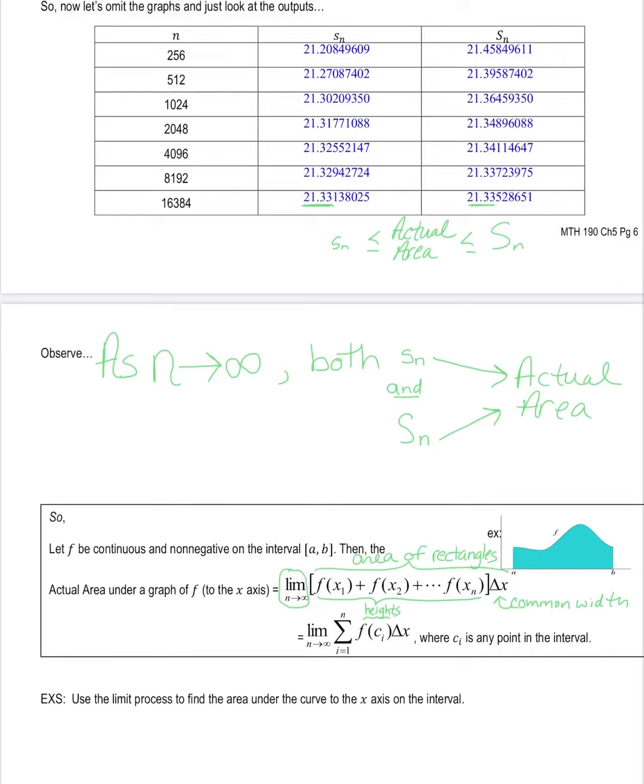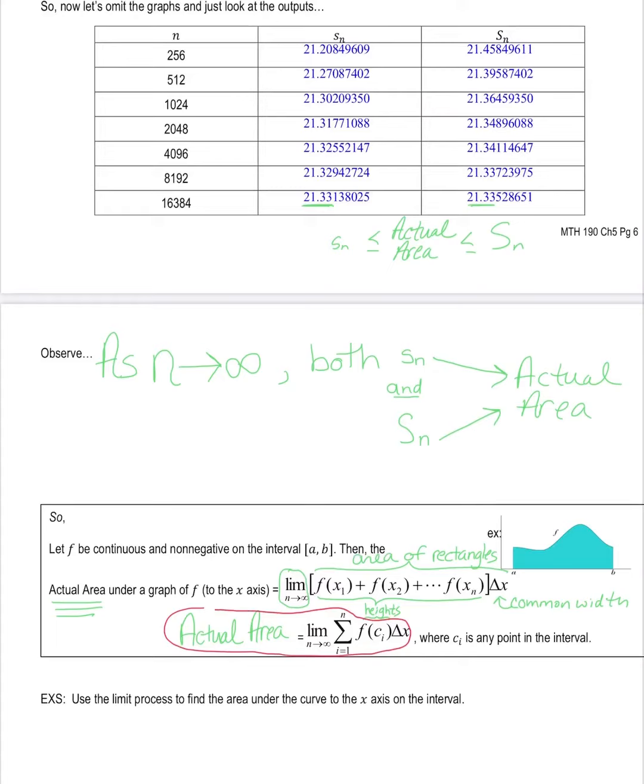So if I take the sum of the areas of all these rectangles and let n actually go to infinity, then this is going to give us the actual area. As soon as you throw on that limit as n goes to infinity, we're no longer using 8 rectangles, I'm not using 18 rectangles, I'm not using 800 rectangles.